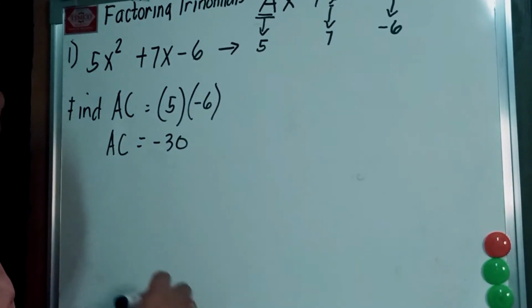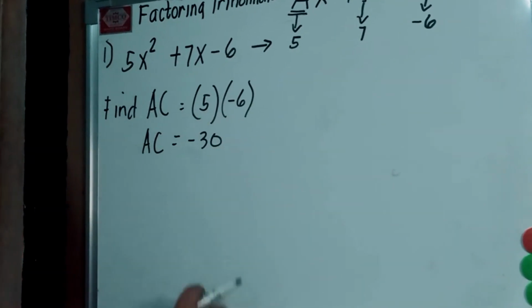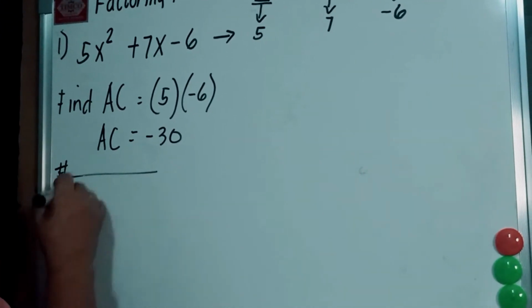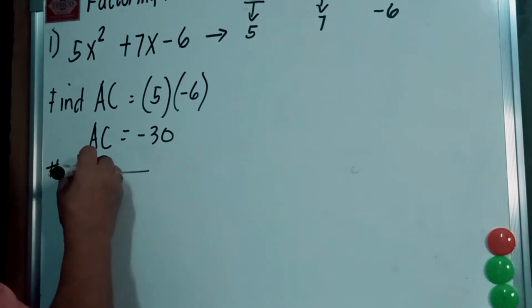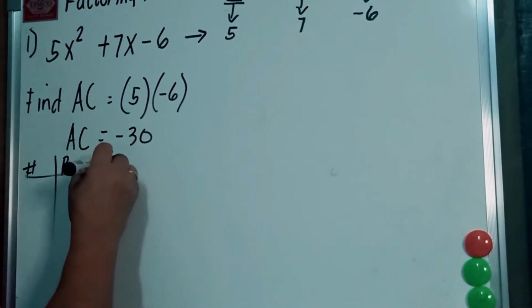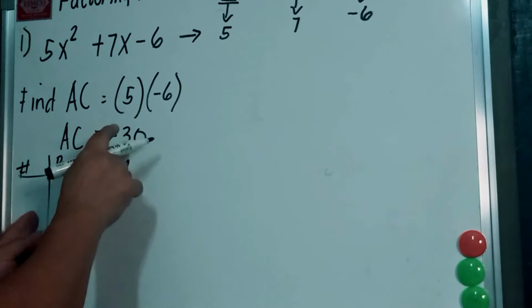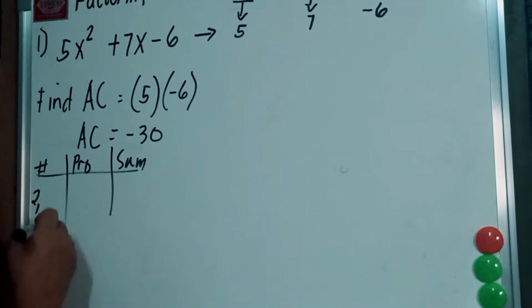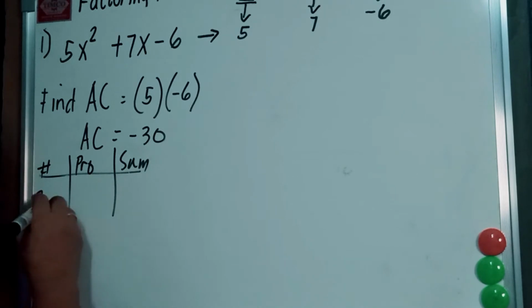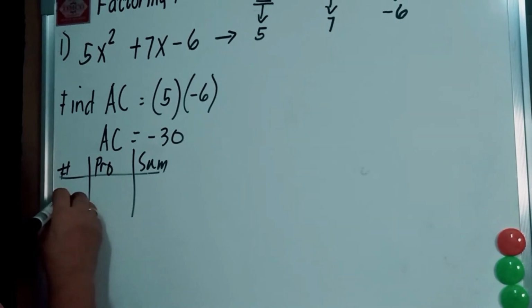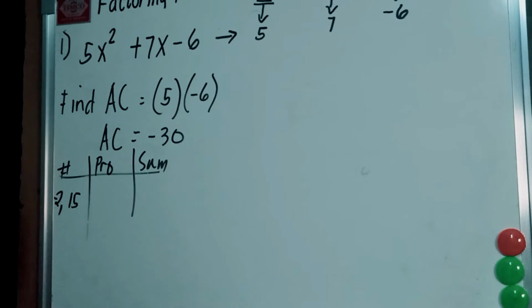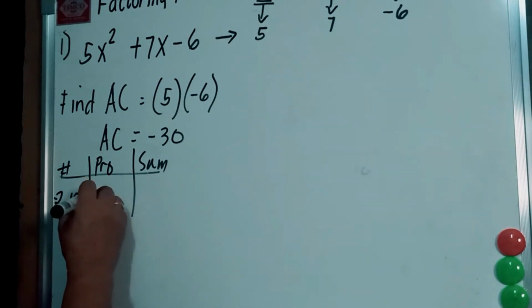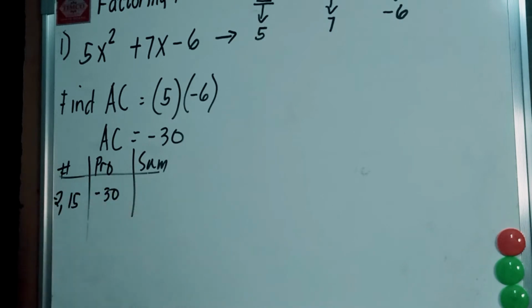So again, we need to list down the pairs of numbers. So let us have the numbers, the product, and the sum. So let us have negative 2 and positive 15. So negative 2 times 15 is negative 30.